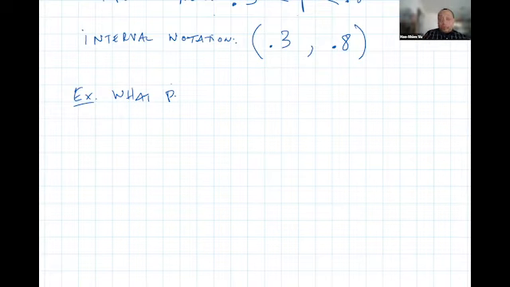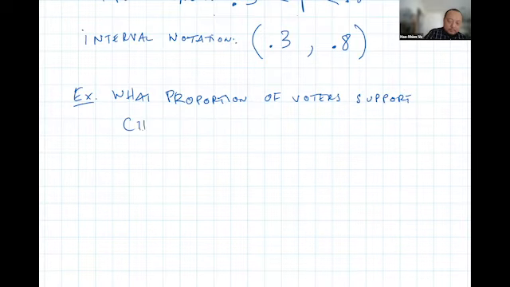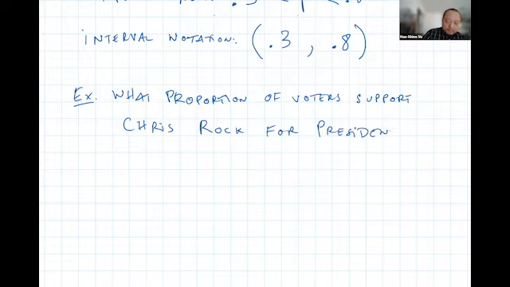What percent or what proportion? Well, if you watch news reports or read news reports and people talk about the surveys that they do, and they say that so many percent support this candidate or that candidate, those reports always come with a margin of error.